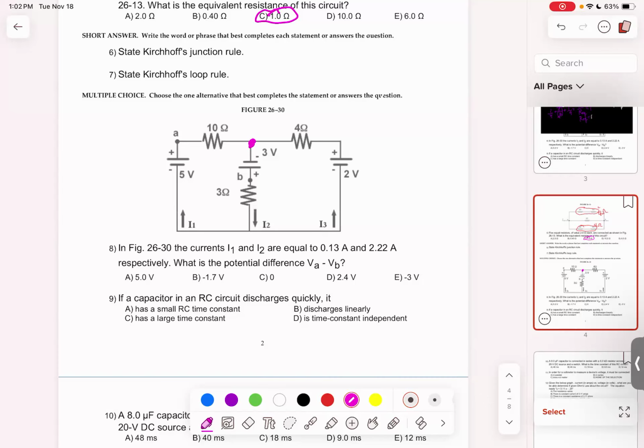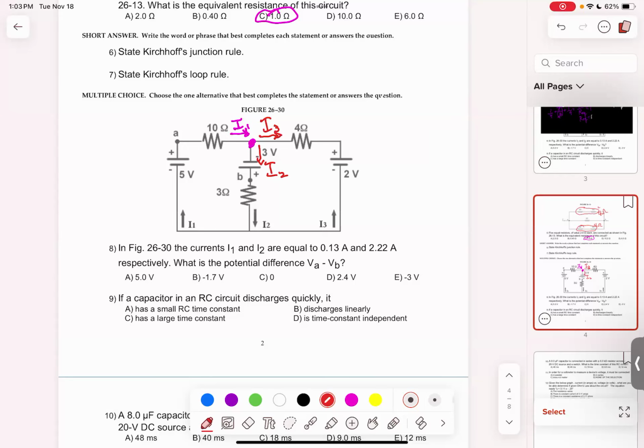So if I have some current coming into this junction, let's call it I1, then what's going out, I2 and I3, should sum up to it.